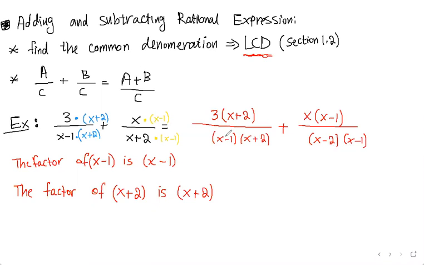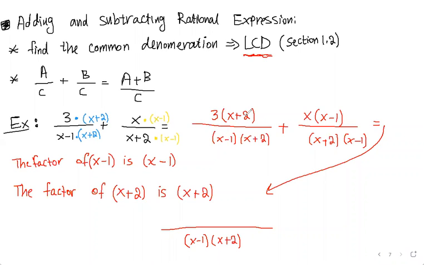So look at the denominators. This one and this one are equal: x plus 2, x minus 1, x plus 2, x minus 1. So now we can combine them into one denominator, x minus 1 times x plus 2.